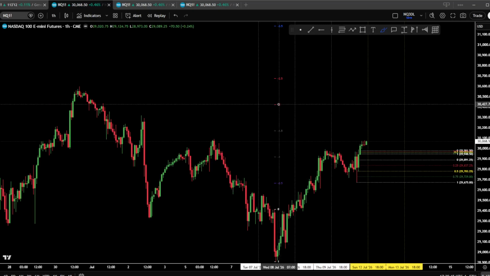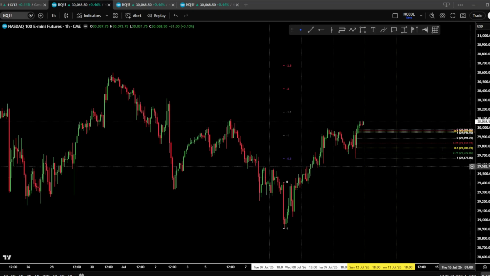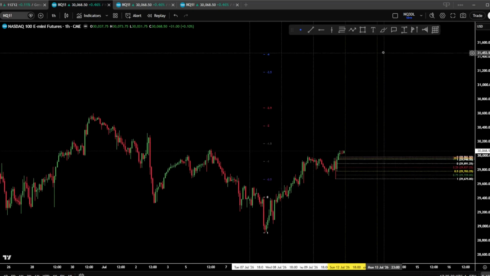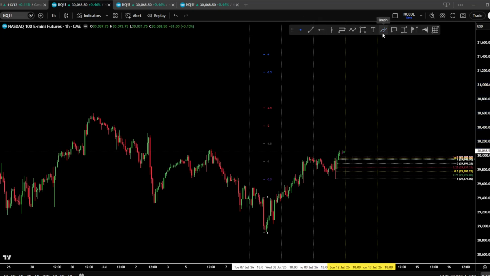The standard deviations here are mostly confluence for the idea of the direction of the weekly profile, because we already have an idea that price should be trading higher. In fact, you can see that 2 to 2.5 here aligns with the low-hanging fruit for the week, or even for the daily profile of Monday.